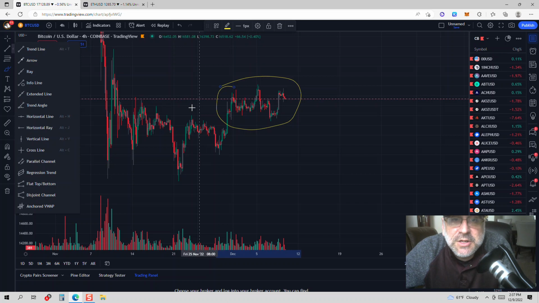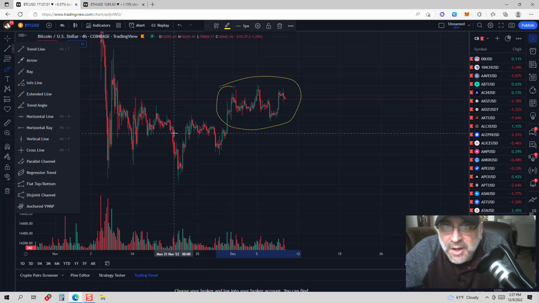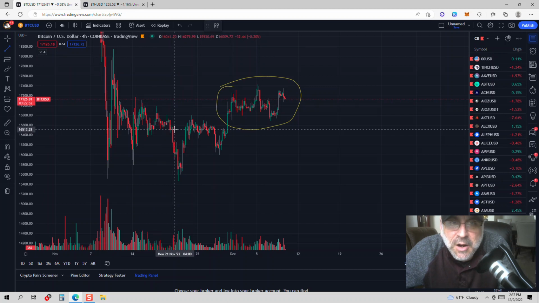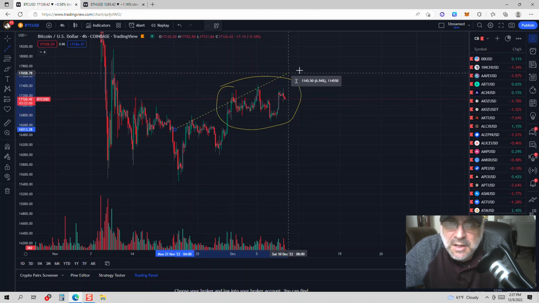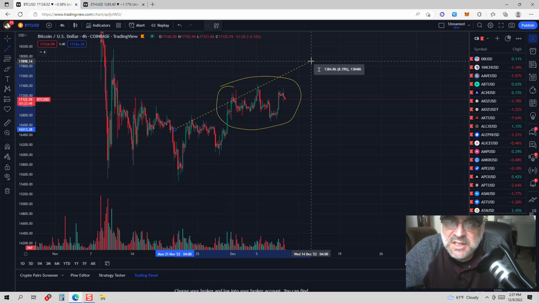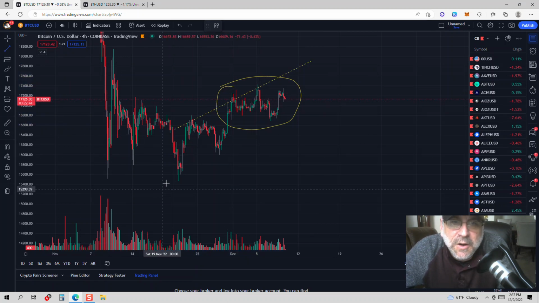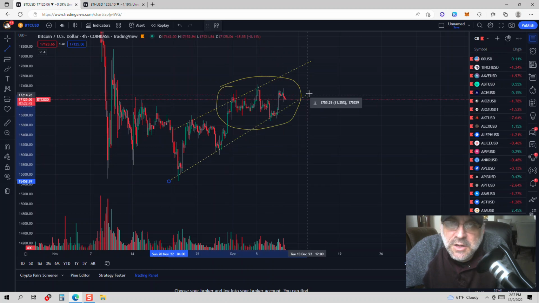We already know that we're in a rising wedge. We've already identified that, so my bias is decidedly bearish. Here are your higher highs, and here are your higher lows.